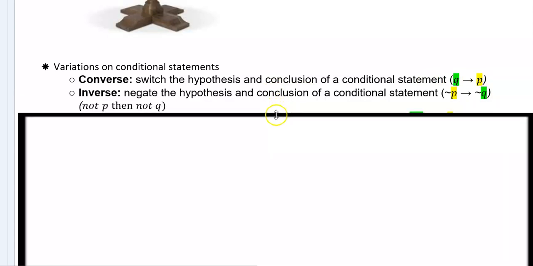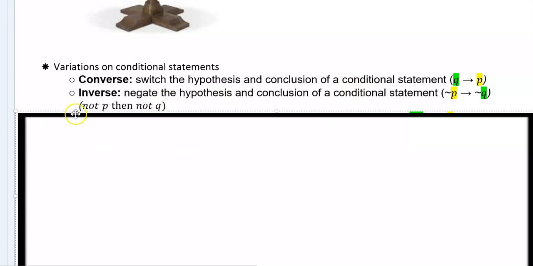Our second is the inverse. In the inverse, you are negating the hypothesis and conclusion. Negating means to make it the opposite. So if something says you are hungry, then you are not hungry. If you have 4 sides, you would say it does not have 4 sides.